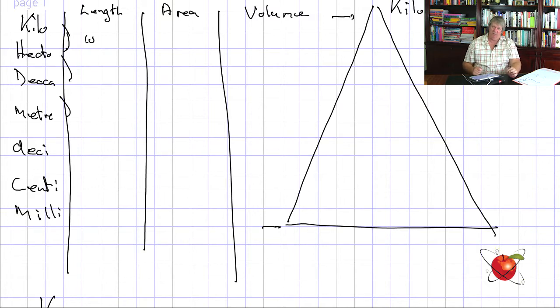The area is a factor of 100 each jump. Why? Well, I'll tell you now. The factor of 1,000 is the volume. Why? Well, let's look at this. The length of the side here, we measure in a single unit: meters, centimeters, whatever you decide to measure it in.